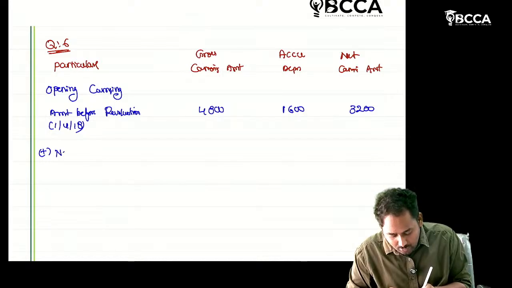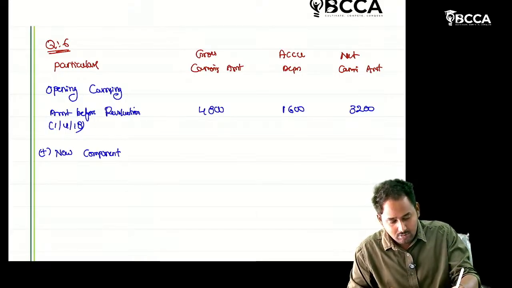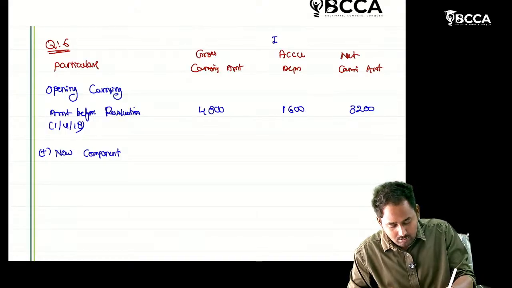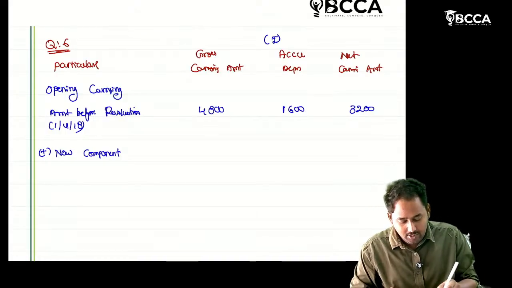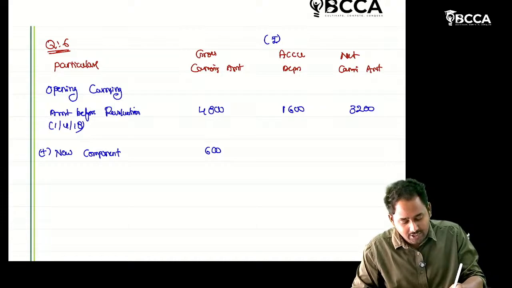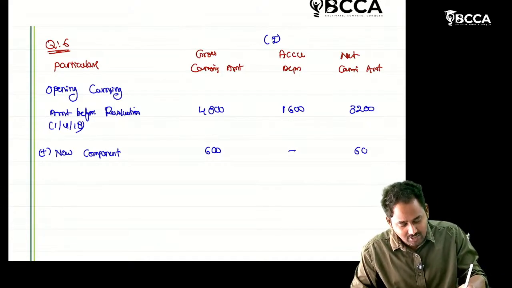Is the amount in rupees, lakhs or thousands? Only rupees. The new component value is 600, so this is the gross carrying amount. What is the accumulated depreciation? We have purchased it today, so there is no accumulated depreciation.